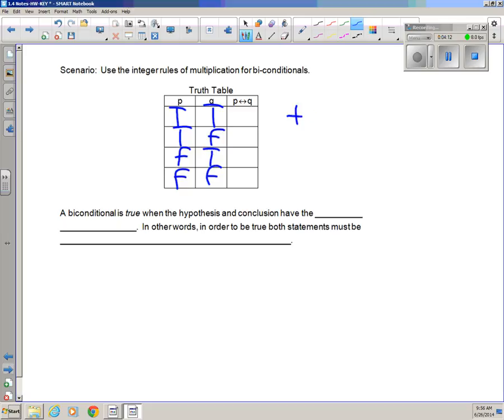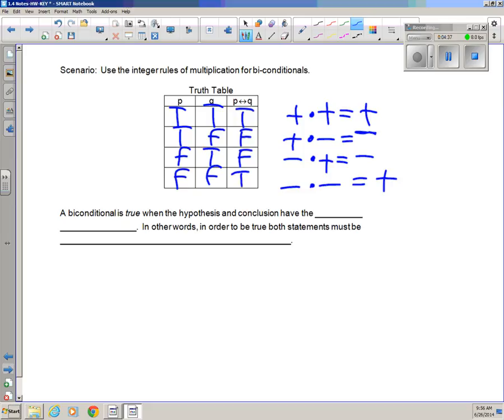If I've got a positive, or true, times a positive, which is also true, my answer comes out positive, which is true. If I've got a positive times a negative, the answer is negative. Well, that would be like a false. If I have a negative times a positive, the answer is a negative. So false and true is a false. And if I have a negative times a negative, hopefully you remember that that's a positive. Okay, so here's your truth table.